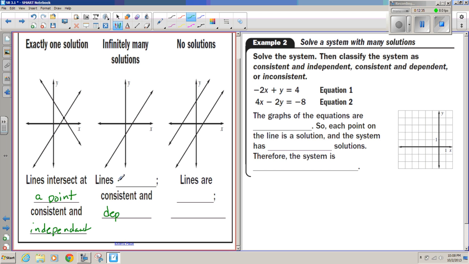You could say that the lines are the same. They are dependent. If the lines are parallel, then you would say that this is inconsistent.